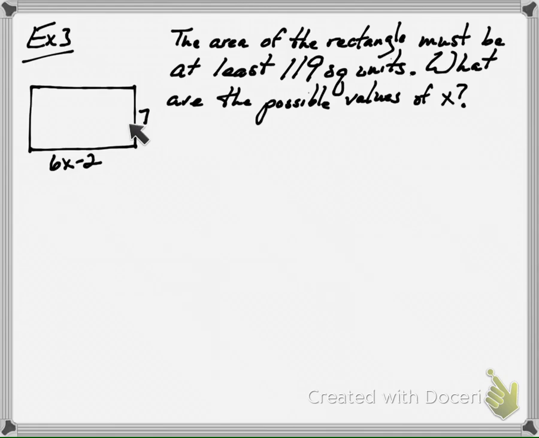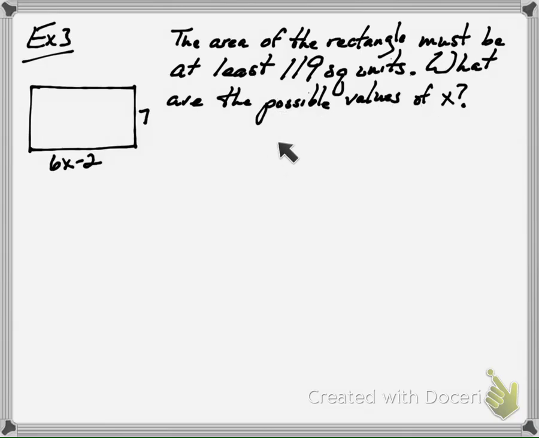It's not really important which one's length and which one's width because we're multiplying them together anyway. So anyway, it tells me the area must be at least 119 square units. And so what are the possible values of x?